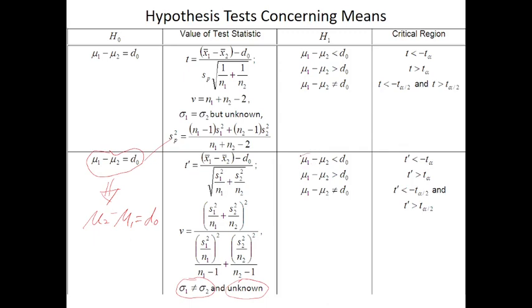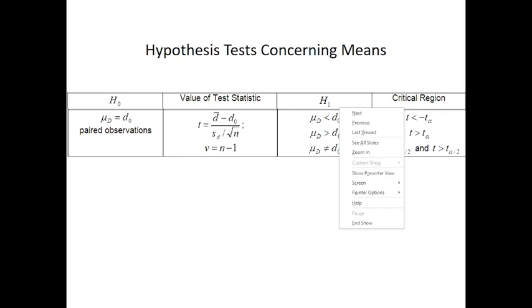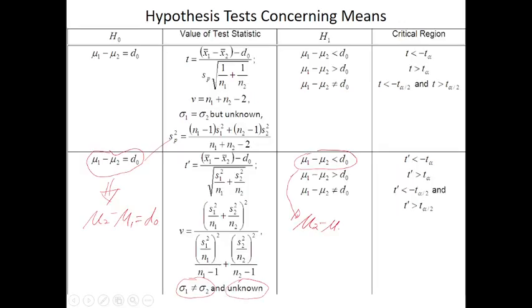Less than 10 minutes, right? So this inequality will be revised for the alternative hypothesis: mu sub 2 minus mu sub 1 less than d sub 0. D sub 0 is 10 minutes.